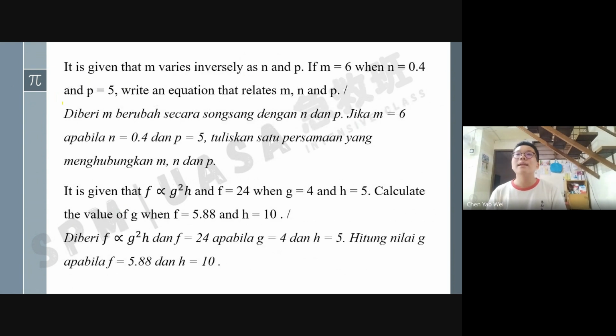It's given that M varies inversely as N and P. Okay. Ini kena ingat dulu. If M equals to 6 for number and P is this one, write an equation, persamaan.